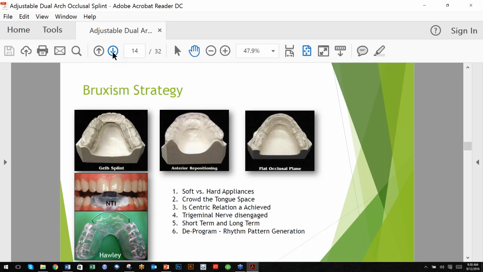So now you're kind of in this habit of clenching and grinding, and you say, I don't have any stress, but maybe 3 years ago you went through a divorce or something. So deprogramming and dealing with rhythm pattern generation is definitely a bruxism strategy that I encourage.